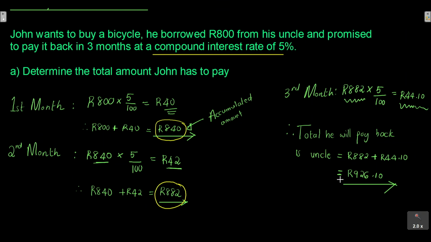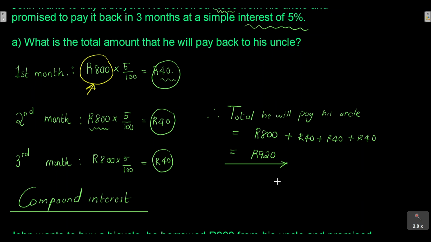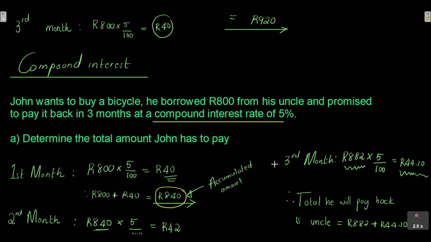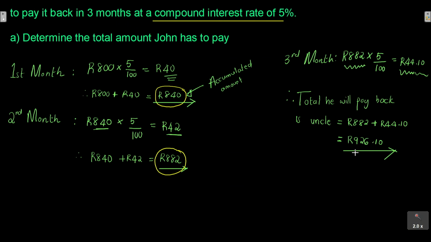And do you see that if interest is calculated using compound interest, you actually get more? Because when he used simple interest, he just paid his uncle back 920 rand. But when you use compound interest, he paid his uncle back 926 rand and 10 cents. So his uncle got more from using the compound interest calculation.